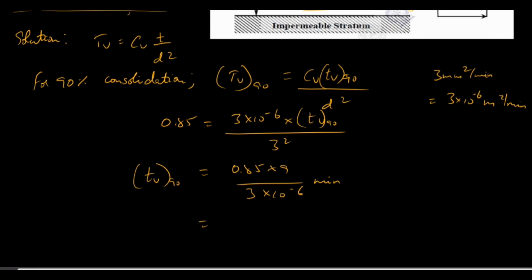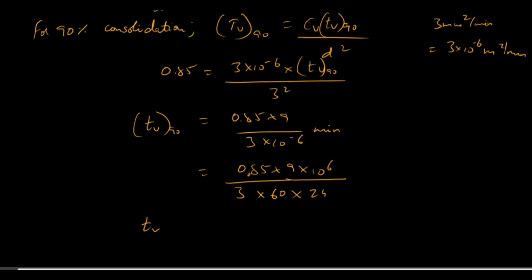If you convert minutes into days, it will be 0.85 into 9 divided by 3 into 10 to the power 6, divided by 60 minutes in 1 hour and 24 hours in 1 day.